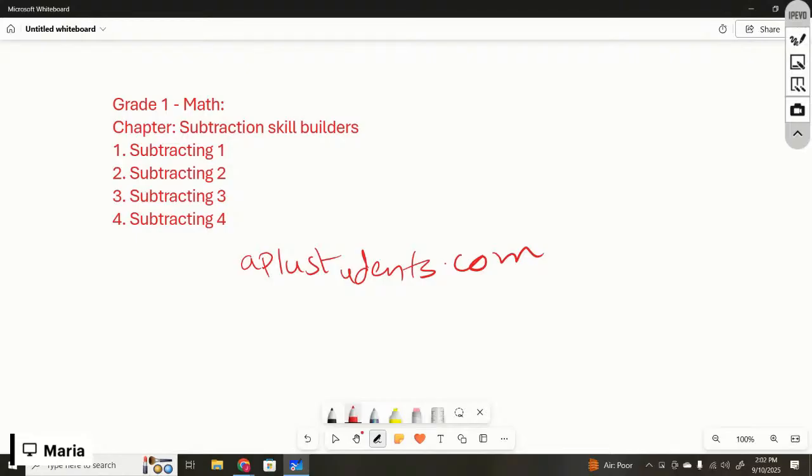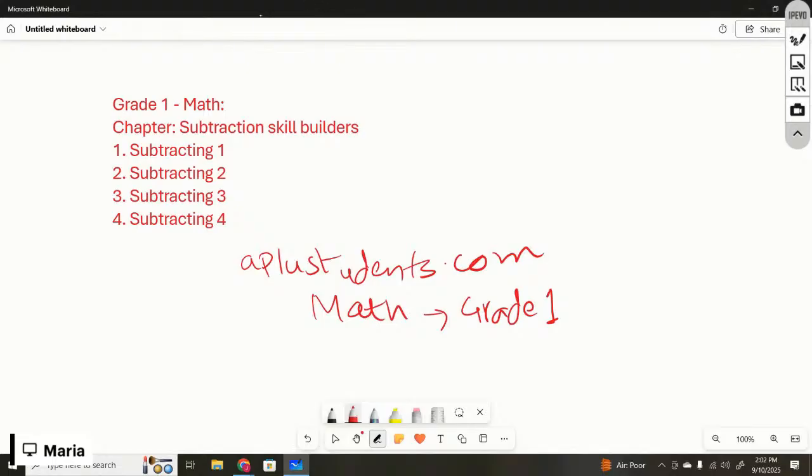You have to log in there using your email address, and the password is provided by the administrator. Then you have to select math from the subject tab, scroll down to grade 1 math, and then click on view all lessons. There you can find a list of the chapters.